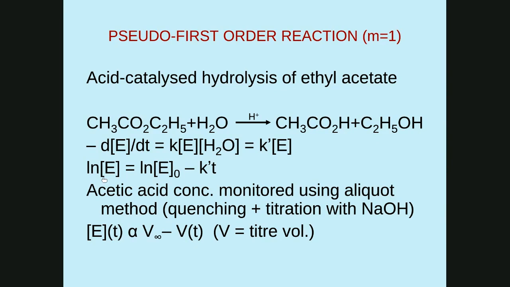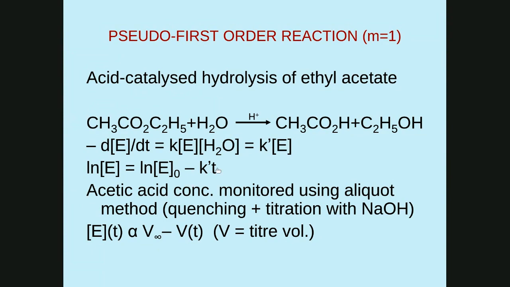Okay, and then you plug in this proportionality relation in the integrated rate law, cancel the common factor, the proportionality constant, and you get ln of V infinity minus V at time t equals this constant ln E naught, which is ln V infinity minus V at time 0, minus K prime t.